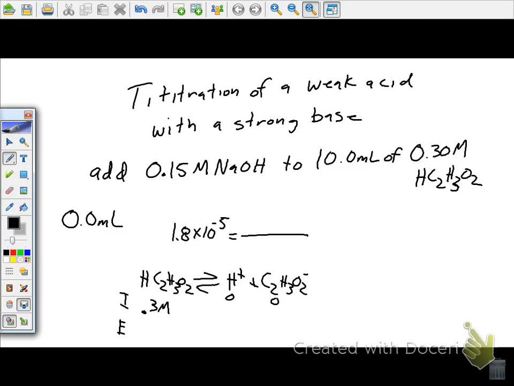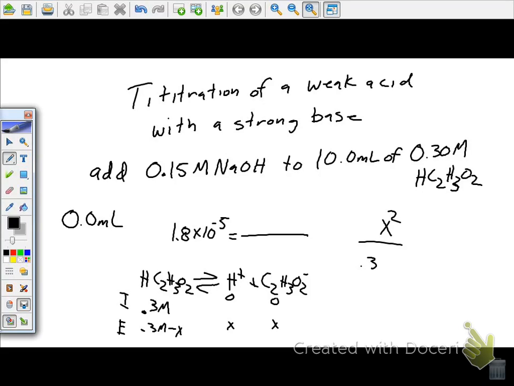Okay? I don't know if I can do this. 0.3 molarity minus X. Then we have X and X. So then, as always, X squared over 0.3 molarity.